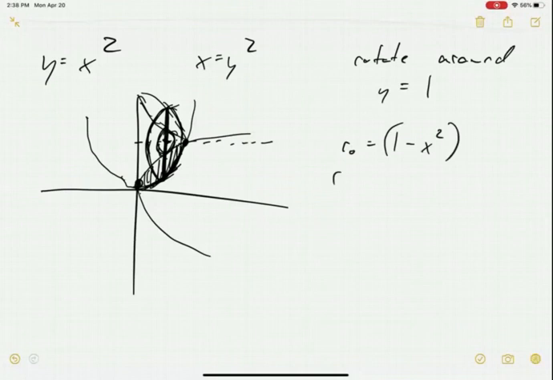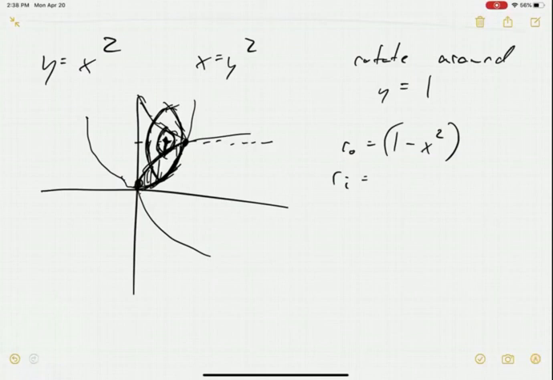What's my inner radius? It's the distance from the line y equals 1 measured to my inner curve. So just that distance right there. That inner curve is x equals y squared.